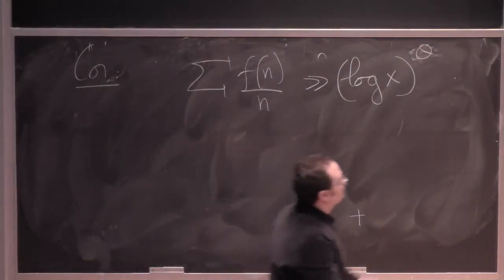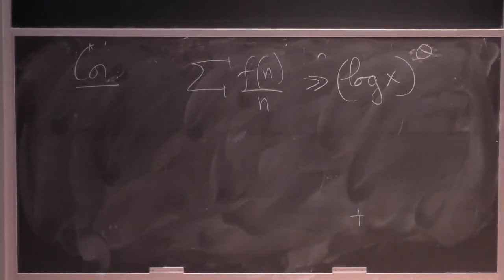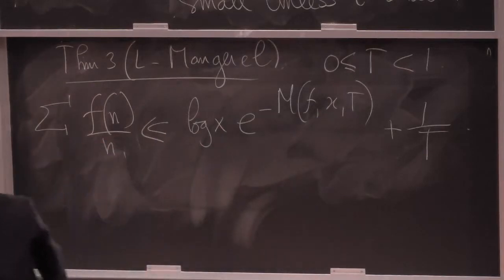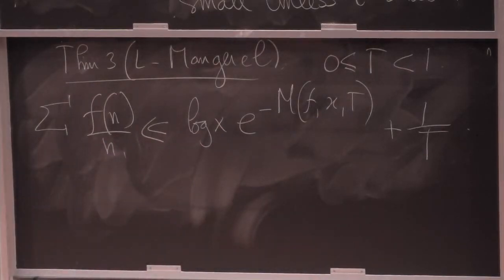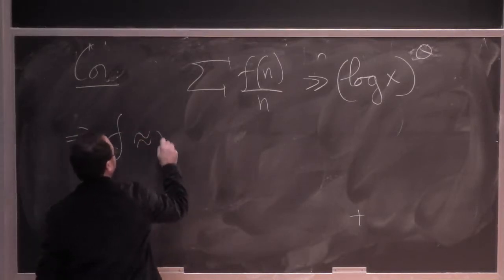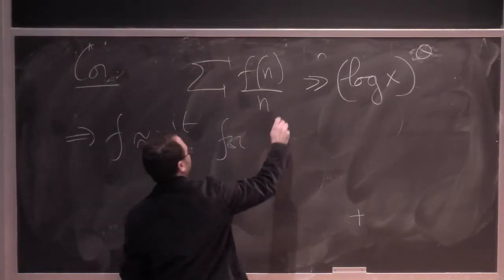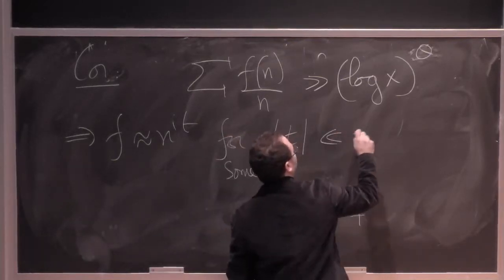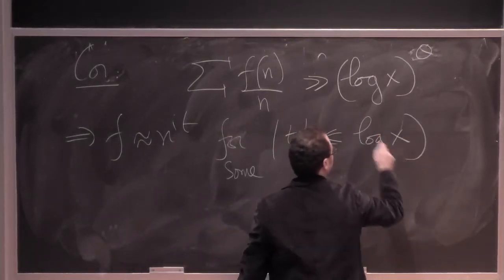And if you look at here, this tells you that t has to be less than log x to the minus theta. And what the theorem tells you is that this is exactly the case. So this implies that f is close to n^{it} for some t really smaller than log x to minus theta.